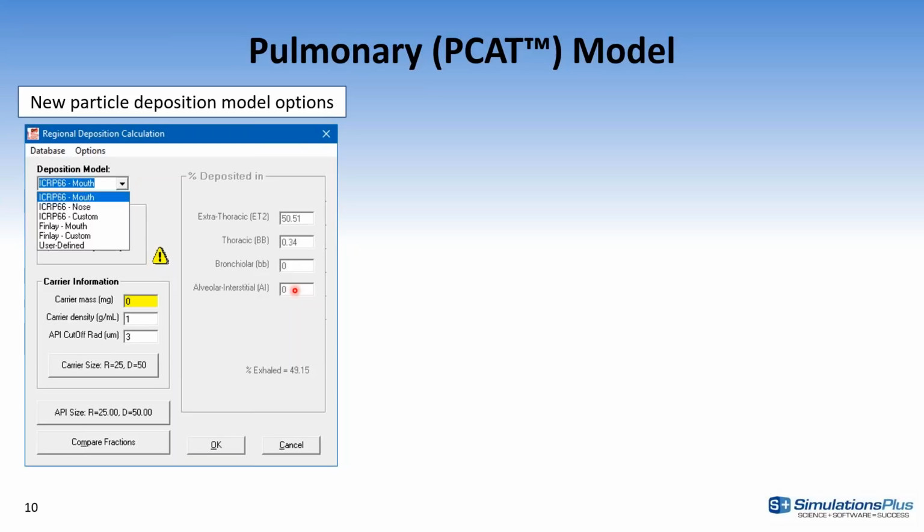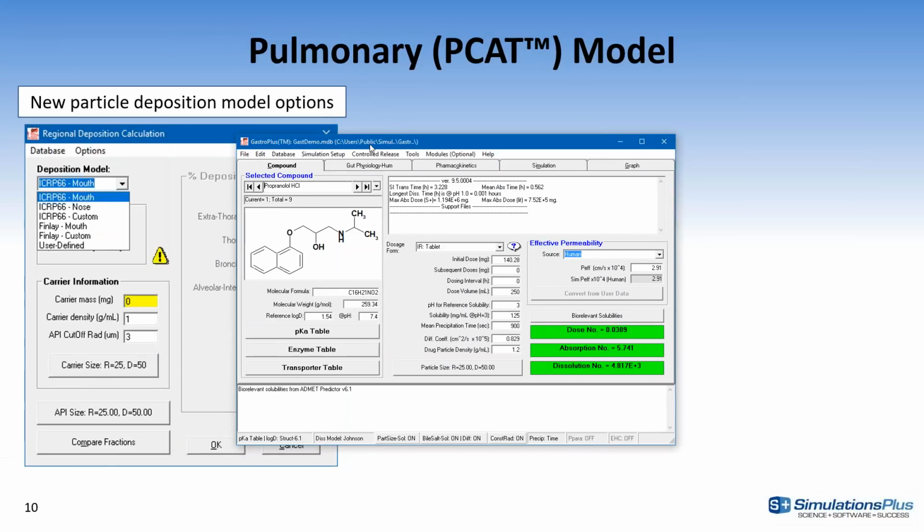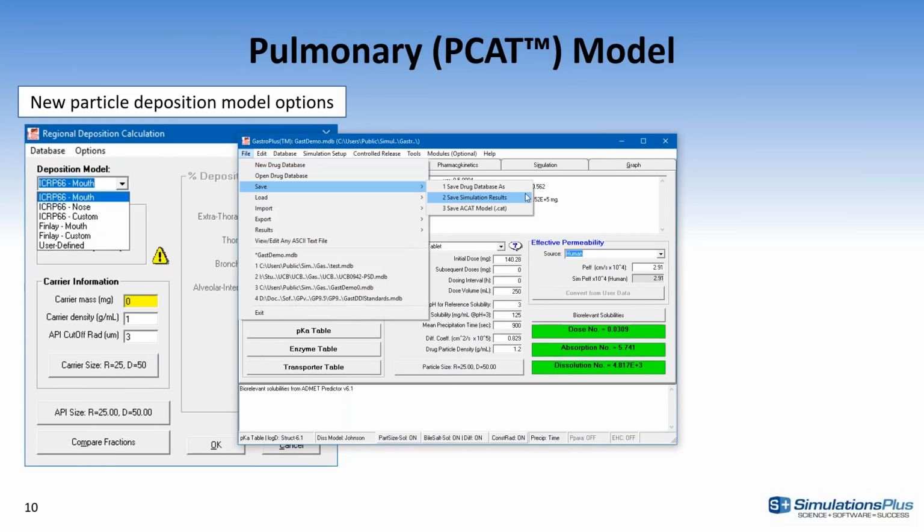I'm not sure if any of these models was actually validated or evaluated with disease conditions or how they would perform in terms of deposition in subjects, specifically with COPD or asthma. But I will show you just very briefly what option you might have there. You do have option to modify some of those parameters.